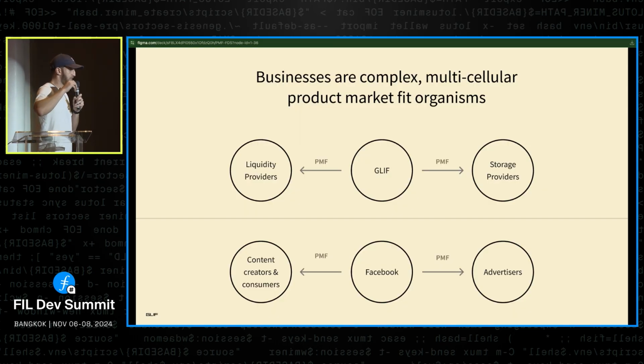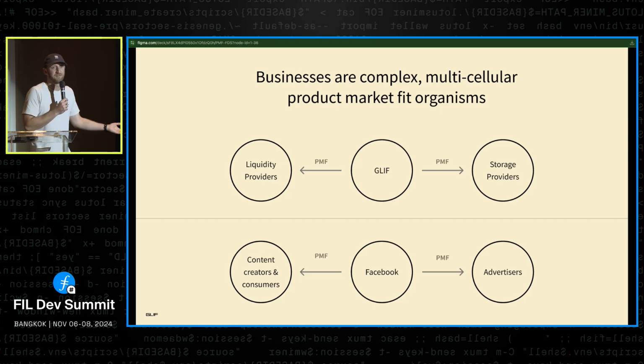But the interesting thing about businesses is you have layers of product market fit, or many different things that have product market fit that together create a business. So when you think about Glyph, we actually had to find product market fit with 2 different groups of stakeholders, the liquidity providers and the storage providers, right? Without one or the other, we didn't have a full business, but we did have an app, right?